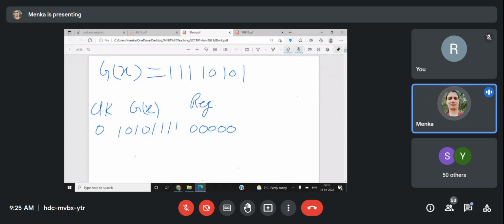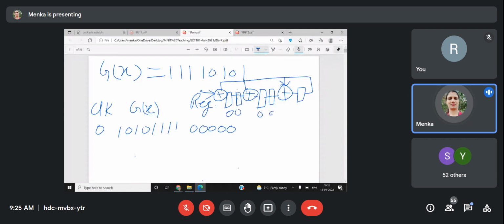So the third one is having the input value XORing with the last value, and this one is having the input plus the content of this. This is just a shifting, and this is having XOR of content of this and the last value, and this is just shifting. Okay, so first all of these are containing 0 0 0 0.